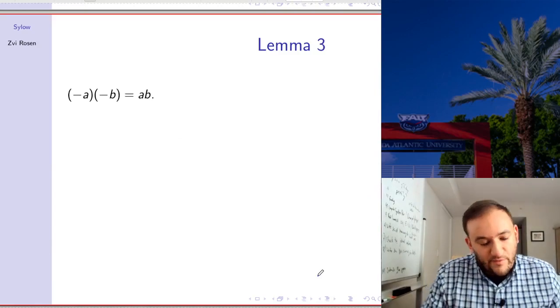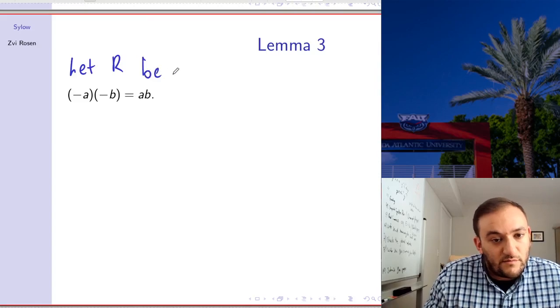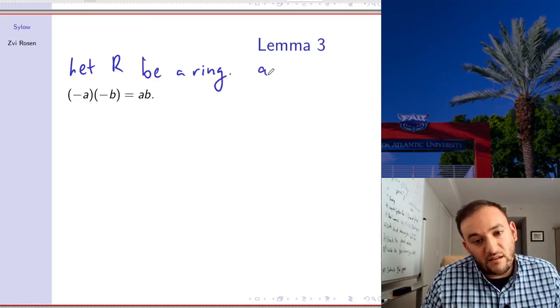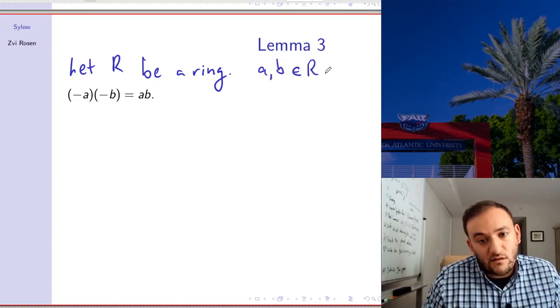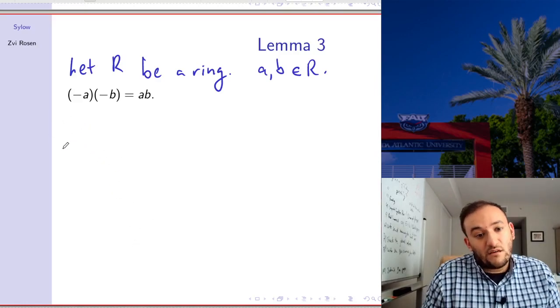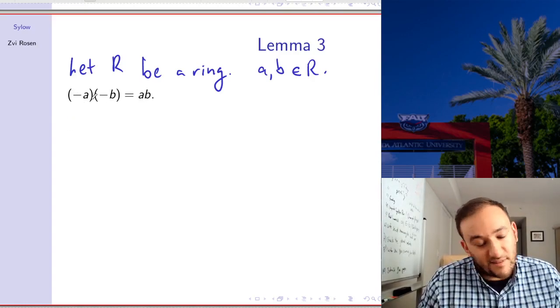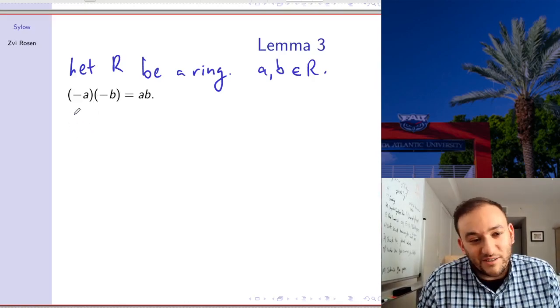Okay, here's another lemma. We have our ring, and we have A and B in R. Now this says that minus A times minus B equals AB. To get to this, we'll probably use the same strategy that we've been using all along.